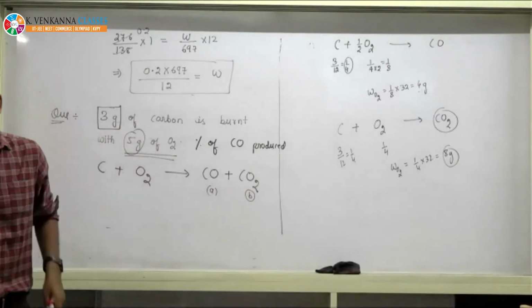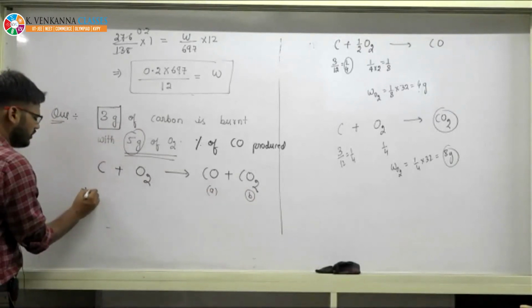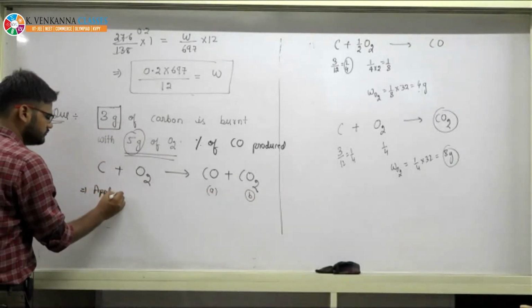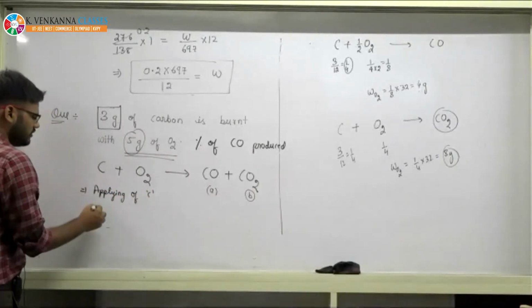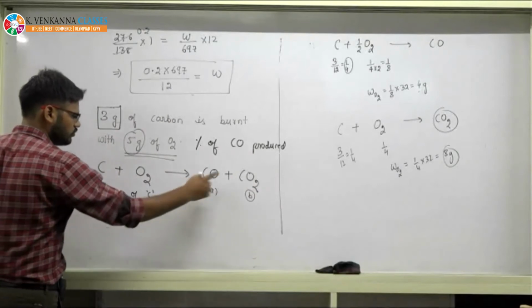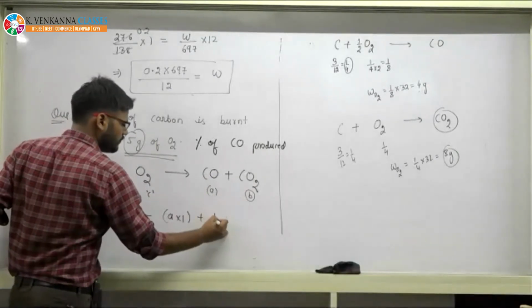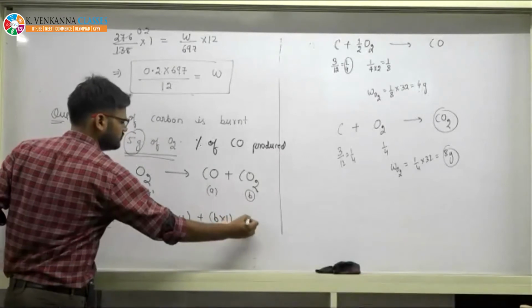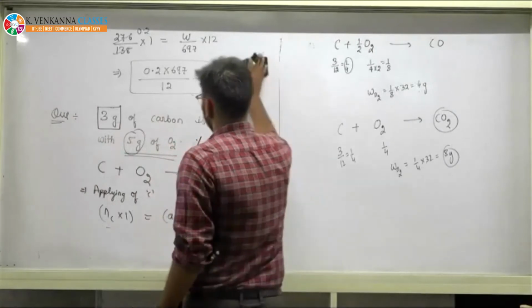Applying POAC on carbon, on the reactant side, moles of carbon into 1 must be equal to moles of CO, A into 1, plus moles of CO2, B into 1. This is our first equation.